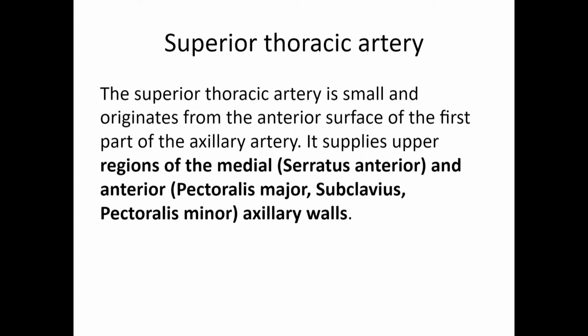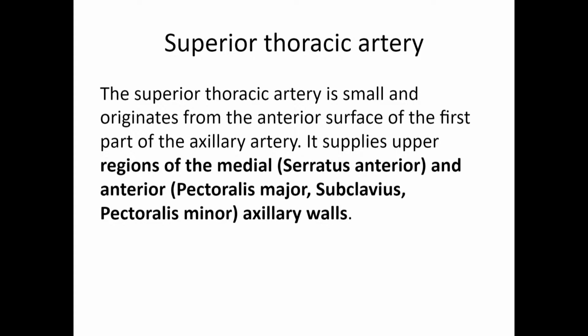What's important, it is mostly supplying the medial region, like serratus anterior, also the anterior part, pectoralis major, subscapular, and pectoralis minor muscles. And these muscles contribute to the medial and anterior axillary walls.